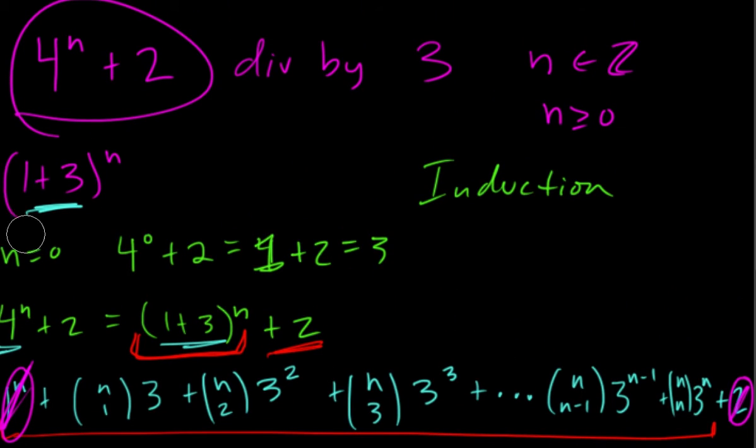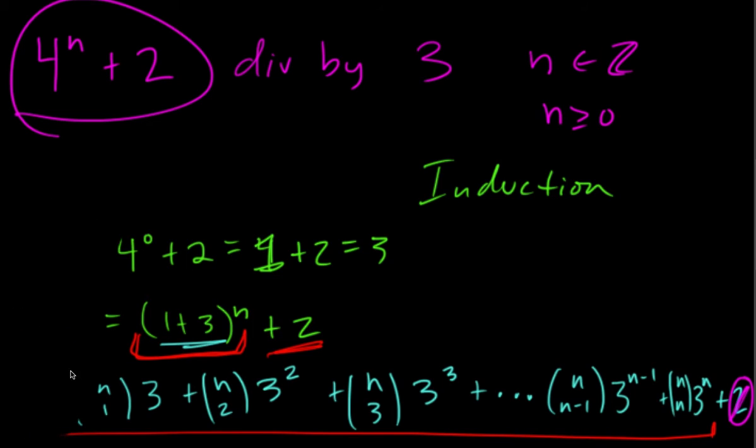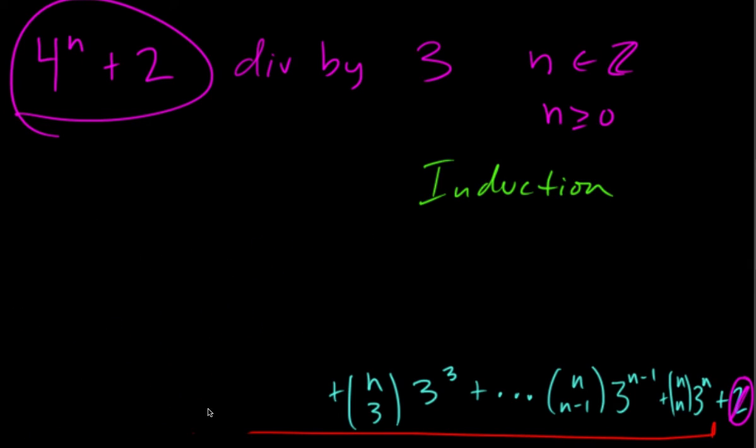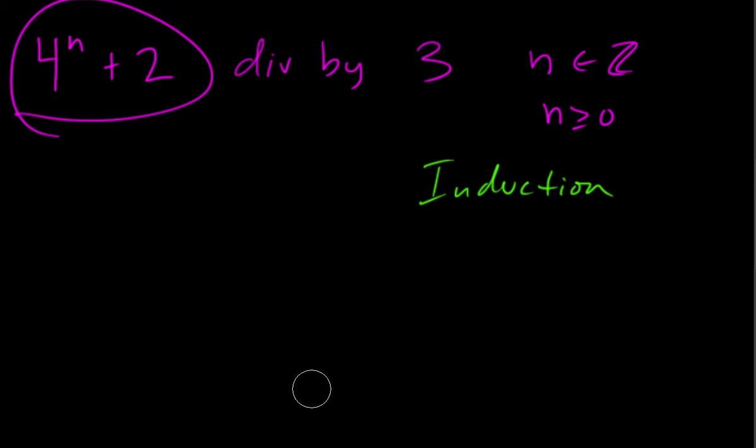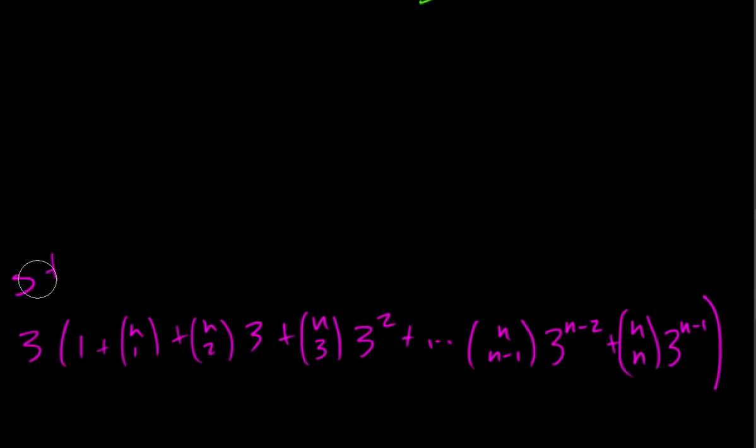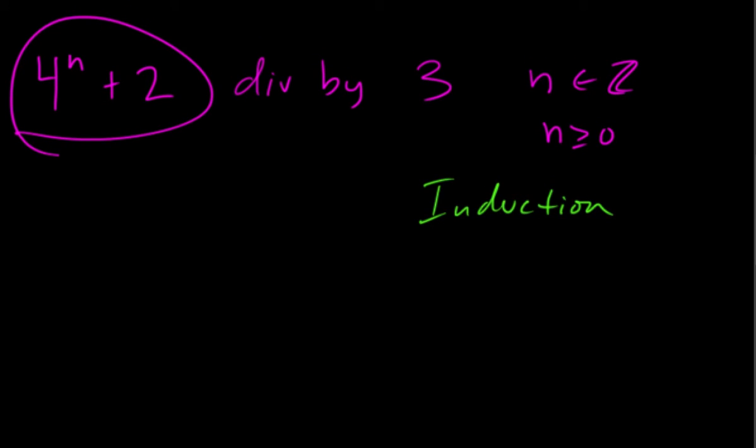Alright, now we're going to approach this with mathematical induction. When we're setting up mathematical induction, we're going to say P of n is 4 to the n plus 2 is divisible by 3.